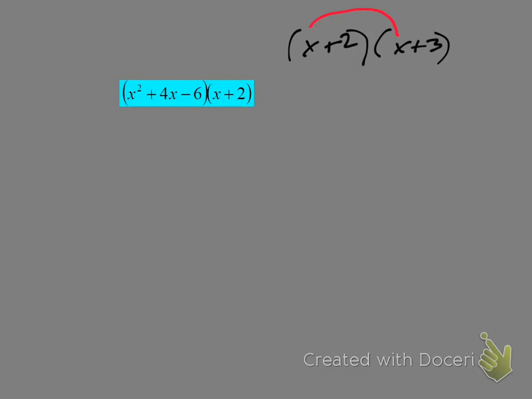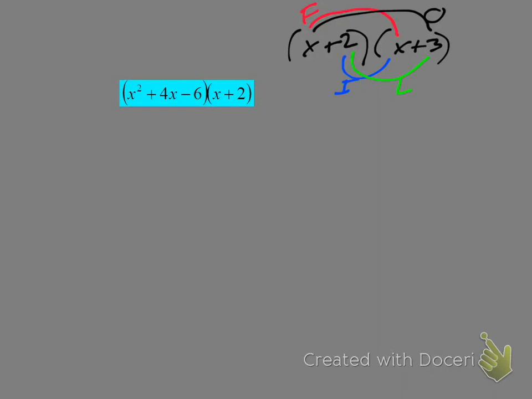Here, let me change colors. Let's get colorful. I is your inner. L is your last. Okay. Remember that? FOIL. First, outer, inner, last.